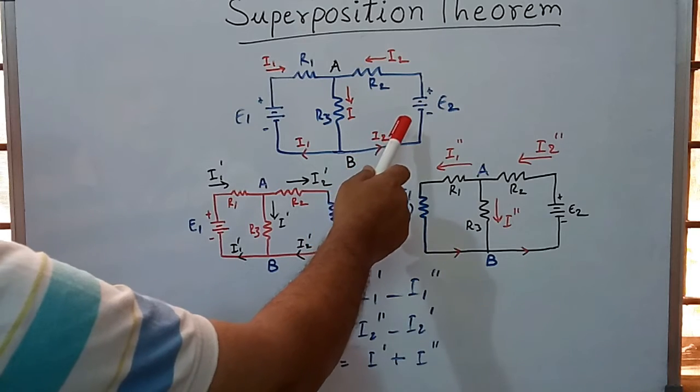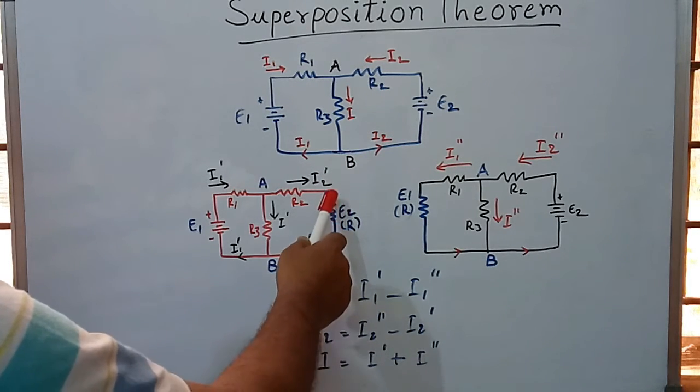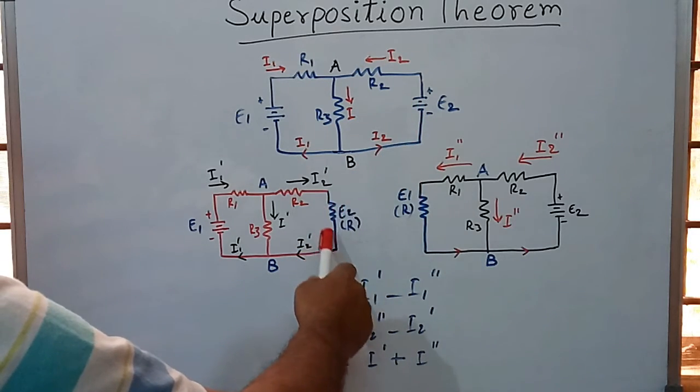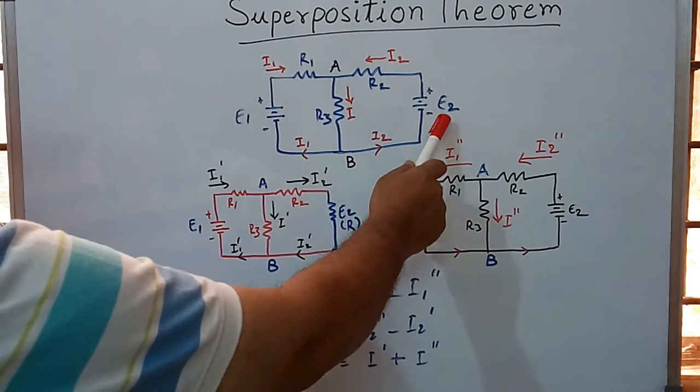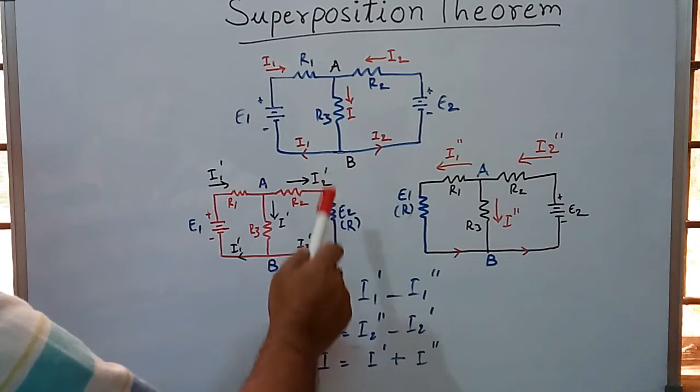If it is an ideal voltage source, then it is replaced with a short circuit. If it is an ideal current source, then it is replaced with an open circuit. And as per this diagram, E2 is replaced with an internal resistance as shown.